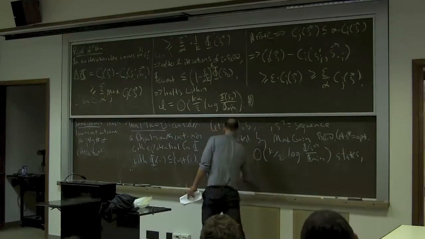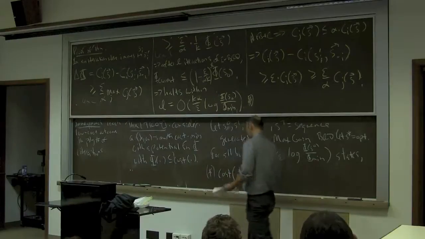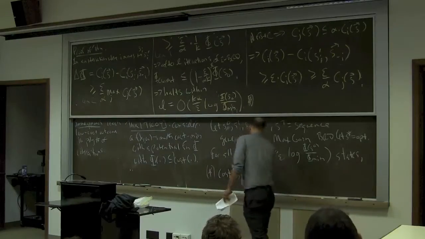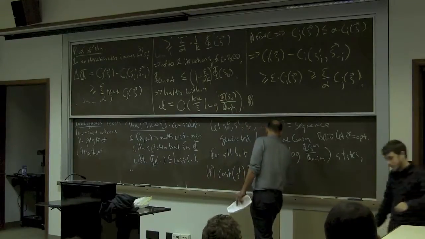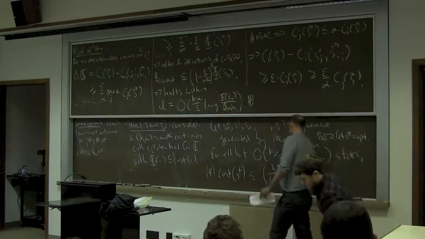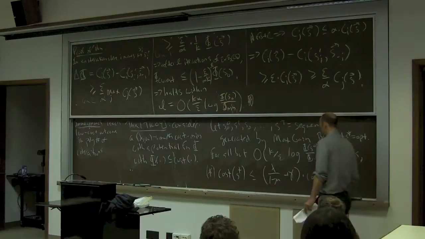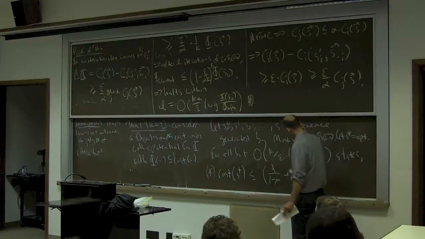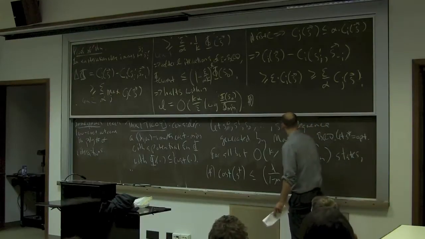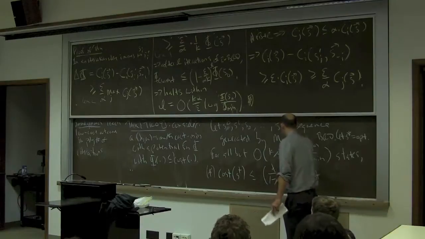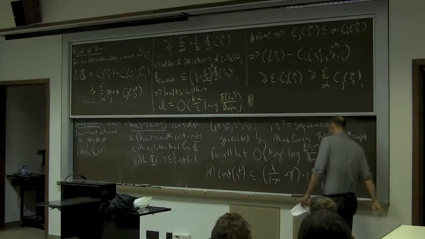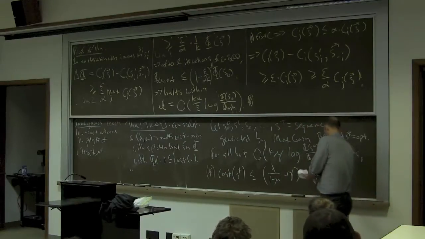So the cost of an outcome in the tth time step is at most lambda over 1 minus mu plus gamma times the cost of optimal.